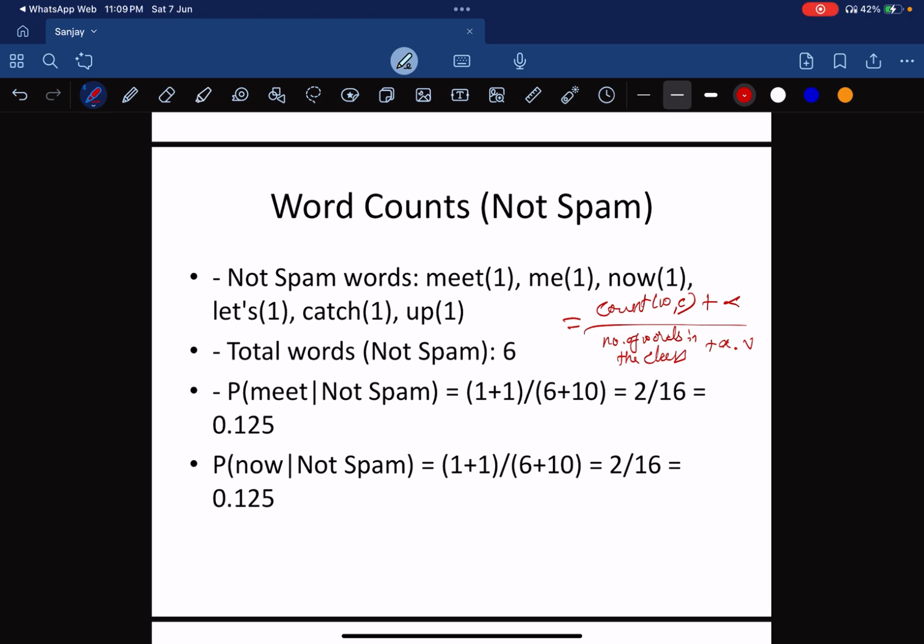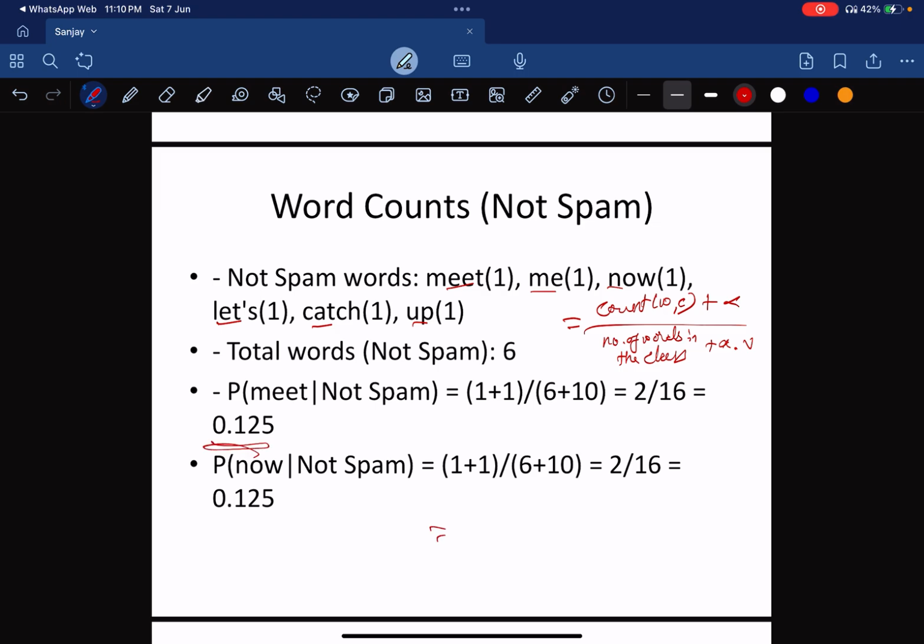In the not spam class, these are the words and their respective frequencies. If you find the probabilities, I think all are the same because all the frequencies are 1, the total number of words in this class is 6, and the total number of words in the entire data set is 10.